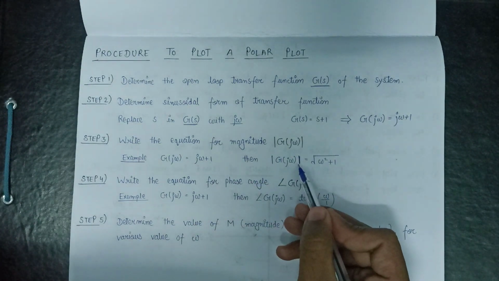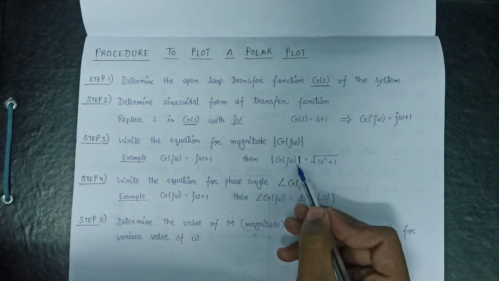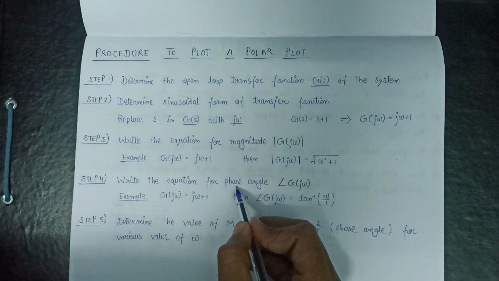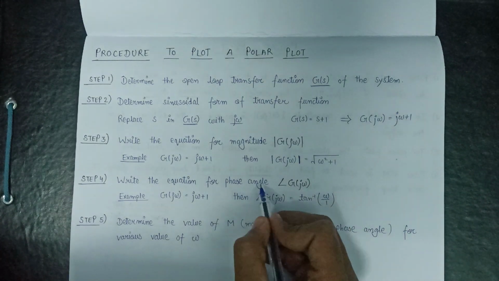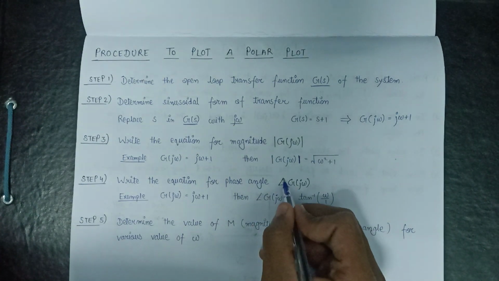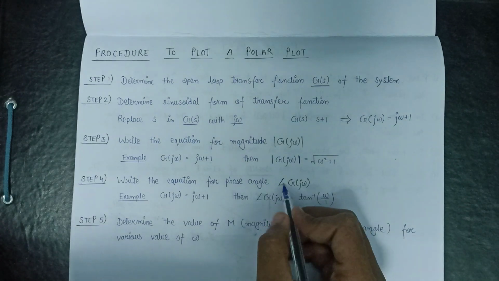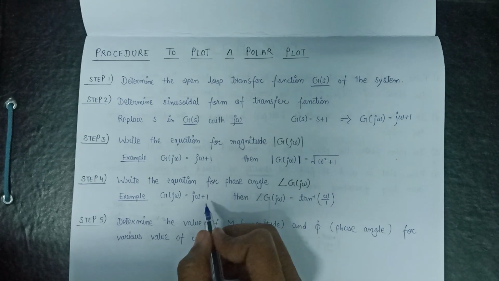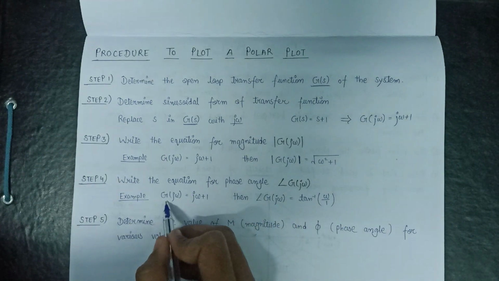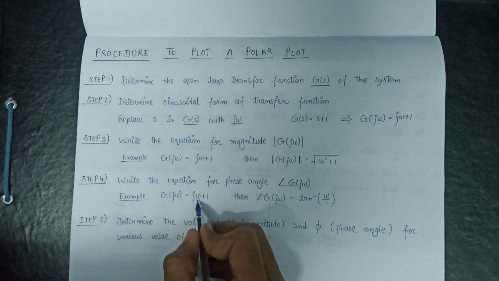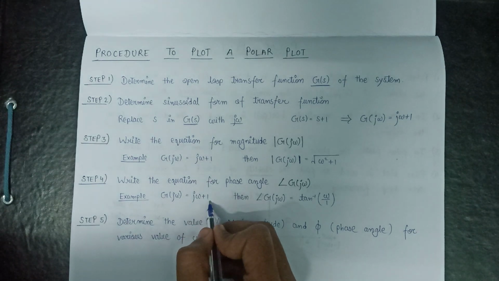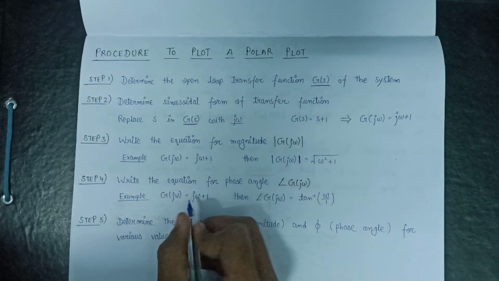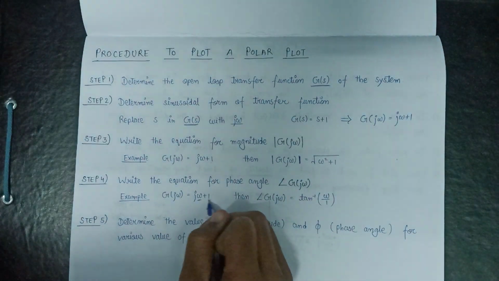After calculating the magnitude of the sinusoidal form, we have to find the equation for the phase angle. The phase angle of the sinusoidal form is represented by this symbol. For example, if G(j omega) is given as j omega plus 1, then its phase angle will be equal to tan inverse of y over x.